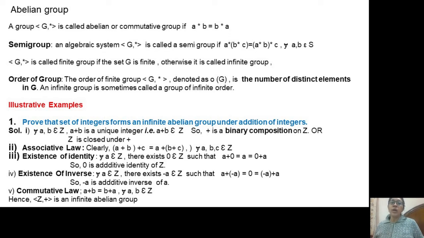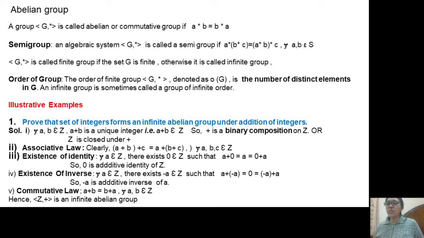If the set G which we are taking is finite, then the group will be a finite group. And if the set G which we are taking is infinite, then it will be an infinite group. And the number of elements in this set G is called the order of the group.